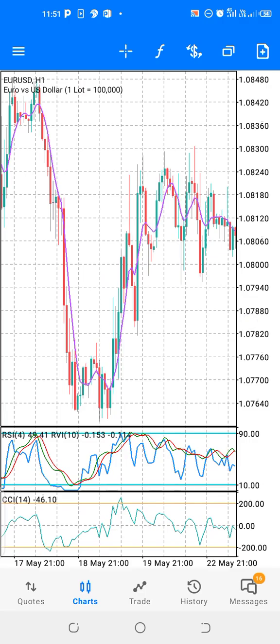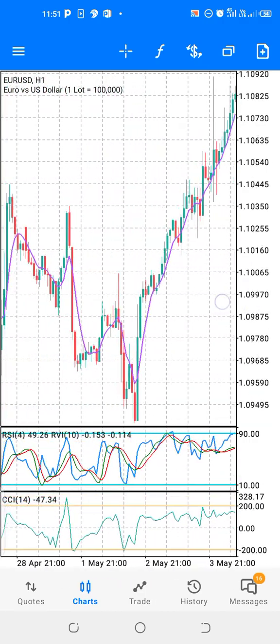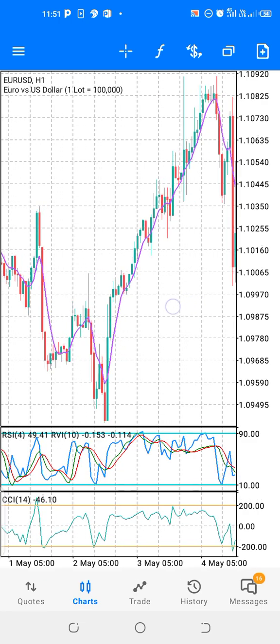An up trade, I want to elaborate to you a good example that you can understand. This one. These are up trade. As you can see, they moved from the bottom to the upper side.